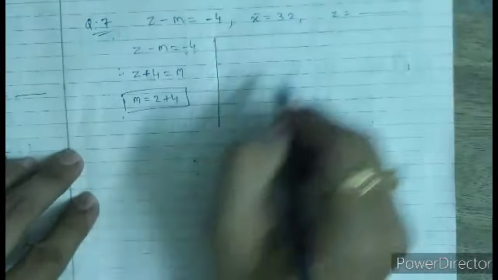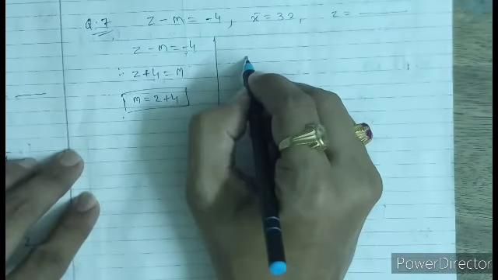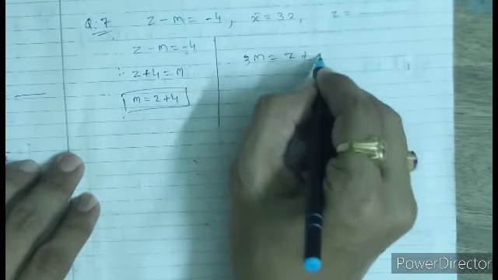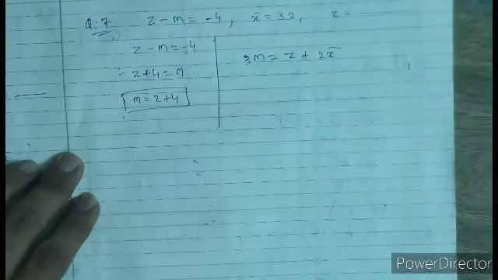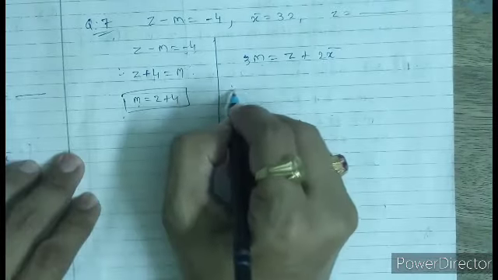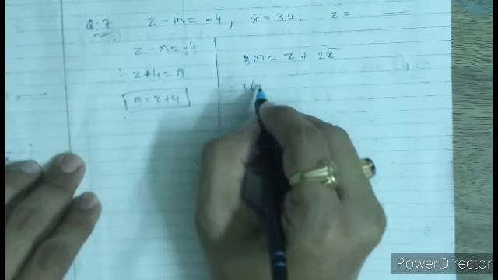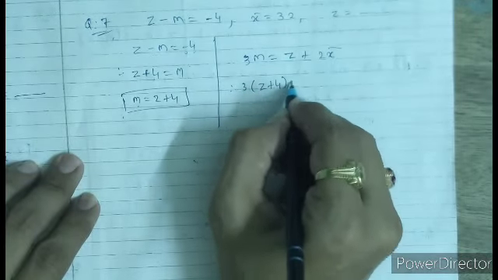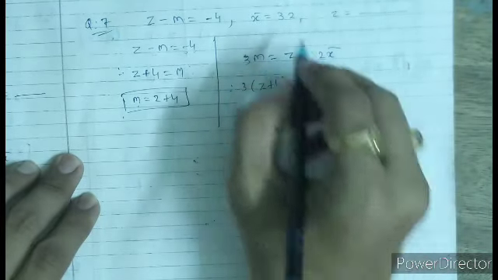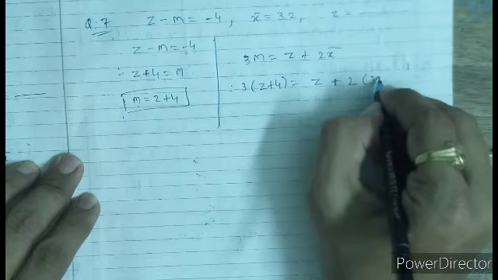Now as we want z, we know the relation 3m equals z plus 2x bar. In this we will apply m equals z plus 4, so that 3 into (z plus 4) equals z as it is plus 2 into x bar, which is given as 32.